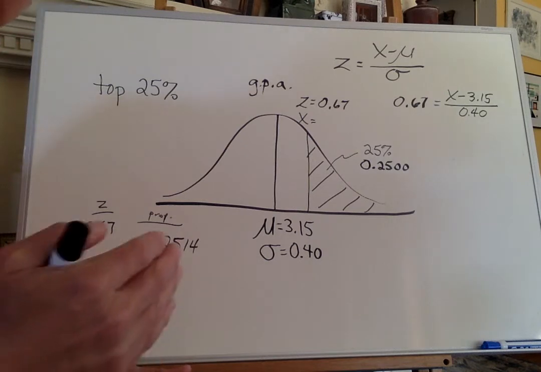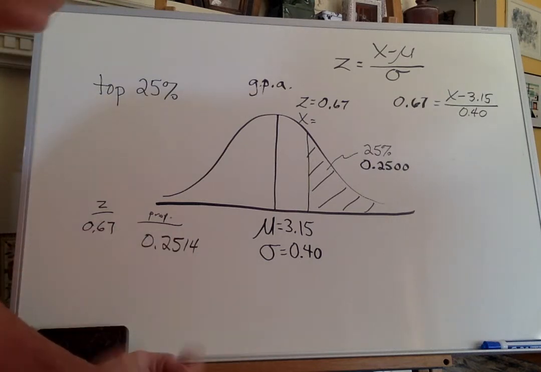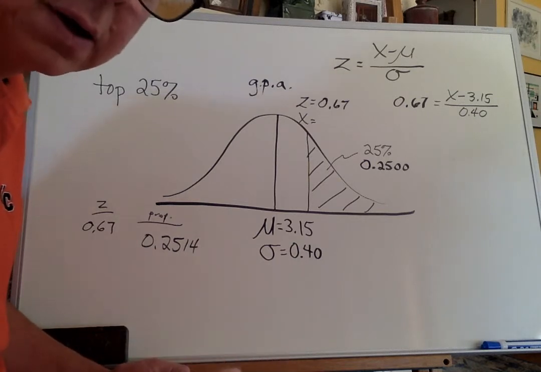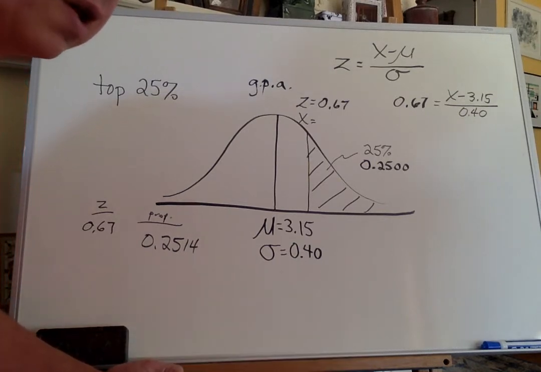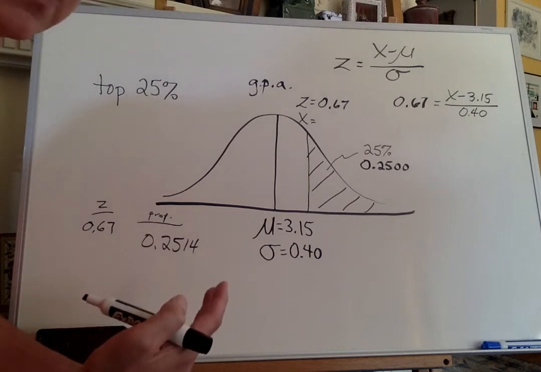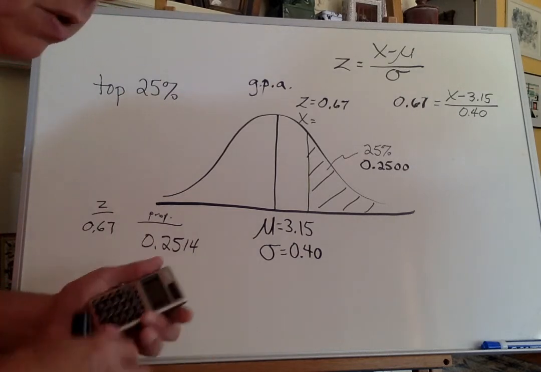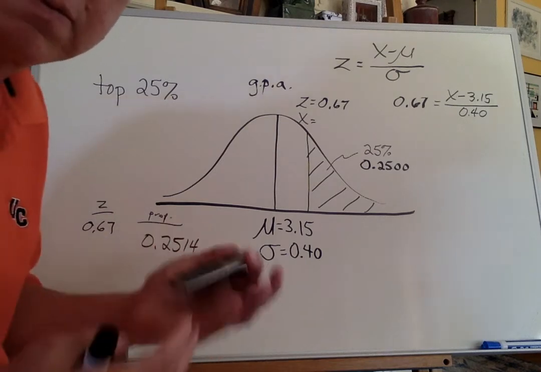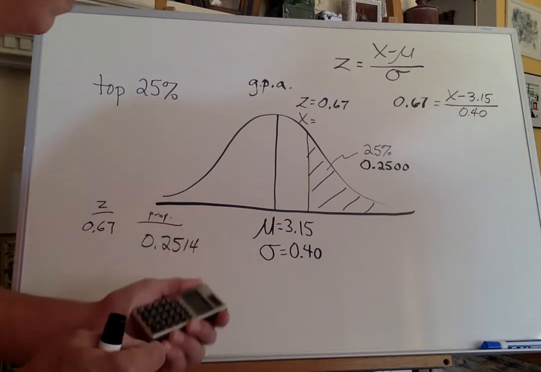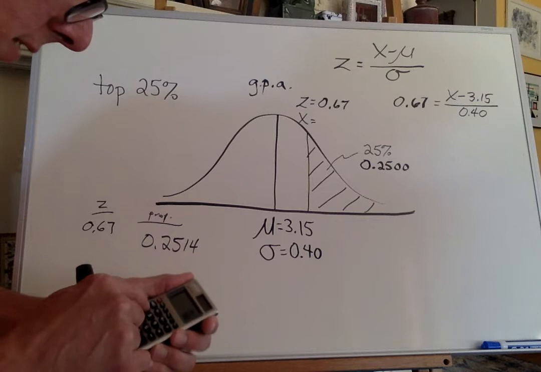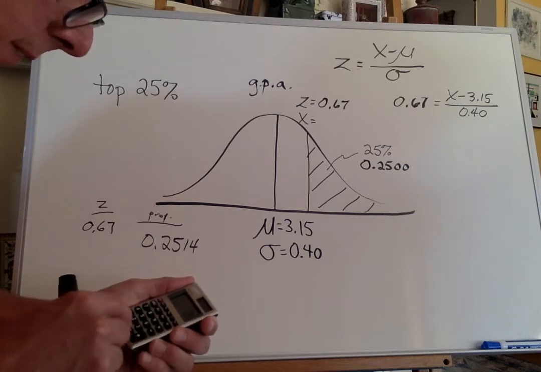This is high school algebra. Okay? If you need help, please contact me. I can help you with that. All right? My assumption is the fact that you're in college, you can do high school algebra. That has to be an assumption. When you learn something, we expect that it sticks for a while. So let's do this. 0.67 times 0.4.